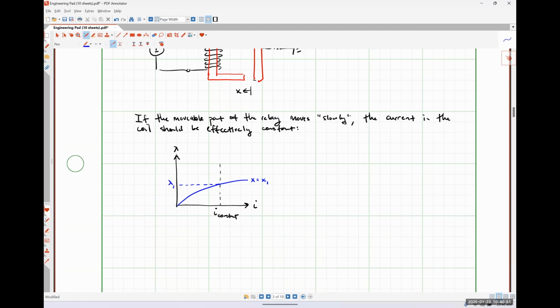And after we have allowed it to move, when holding the current constant, we should see that our new curve for a smaller gap length is going to be maybe up here.